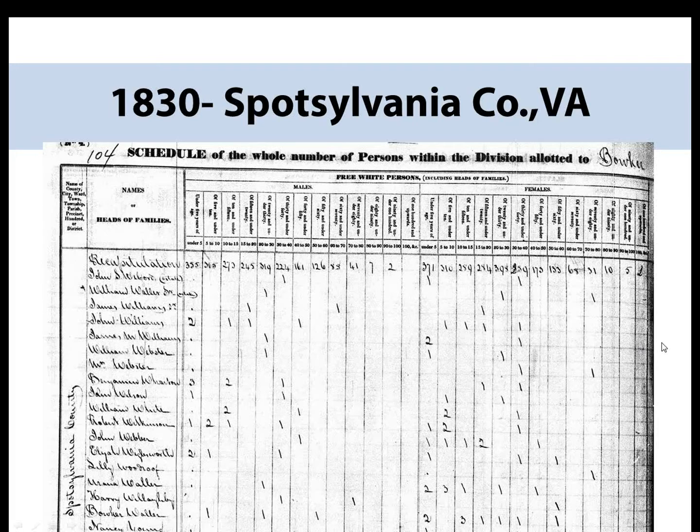So if we look here at the 1830 census, which was in Spotsylvania County, Virginia, we are looking for Benjamin Wharton, who is right here. Again, young children in the house, as well as himself, and then what would most likely be his wife. So everything looks pretty good. It's in the right location. I've got the right Wharton. So I was using, again, the comparison chart to make sure that this is the same family.